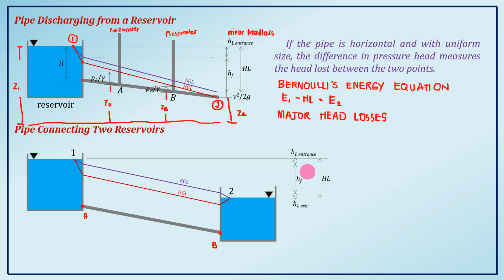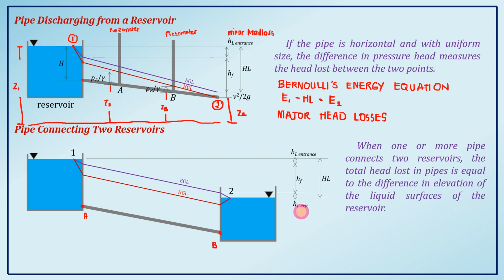So here we have to take note that when one or more pipes connect to reservoirs, the total head loss in pipes is equal to the difference in elevation of the liquid surfaces of the reservoirs. Again, when you're considering two reservoirs, you can also use the Bernoulli's energy equation.